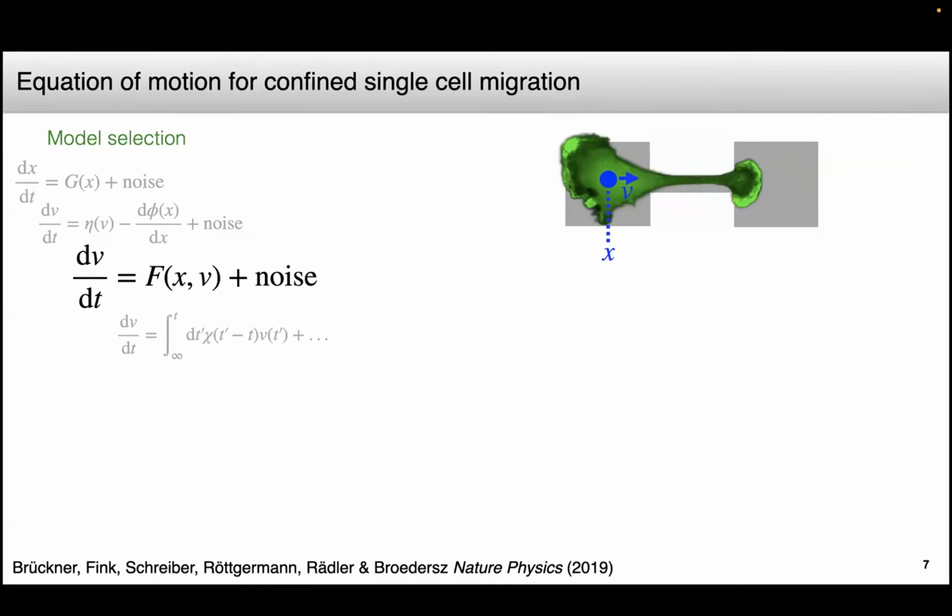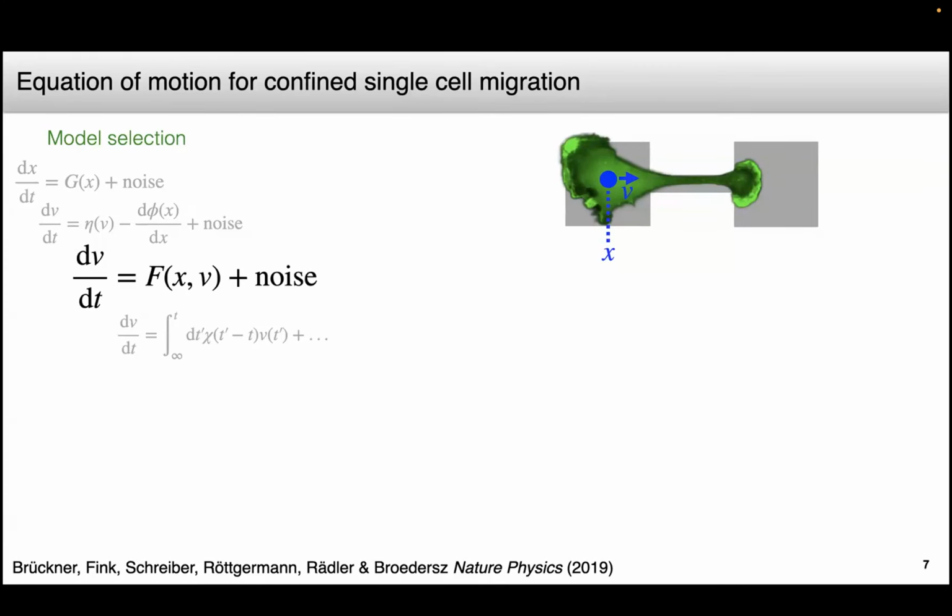And you can make different arguments here, right? So you could argue that the cells are all operating at low Reynolds numbers, so what we really should be considering is something like an overdamped equation of motion. And you can make arguments that you could expect contributions that relate to friction processes or dissipative processes, something that depends on velocity, and maybe another term that derives from a force term that derives from a potential.